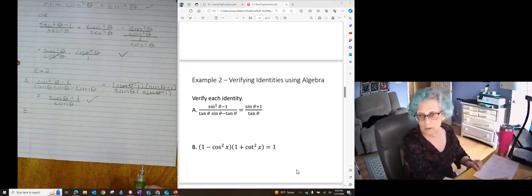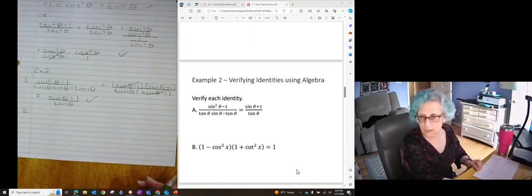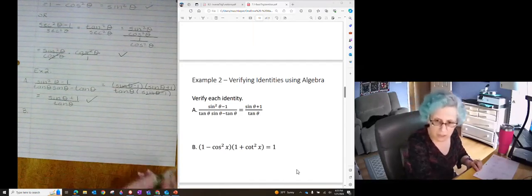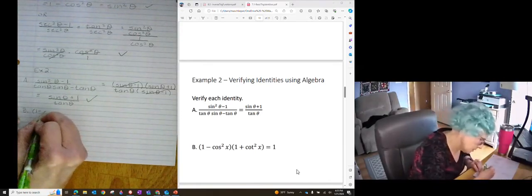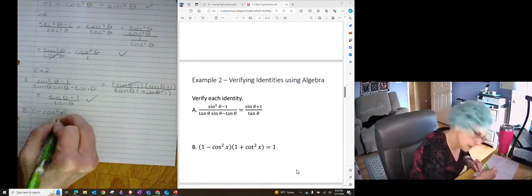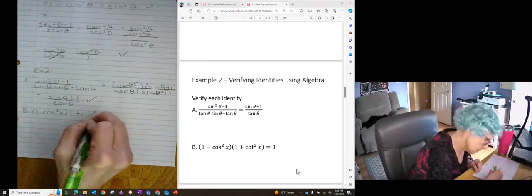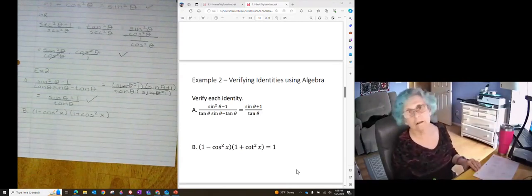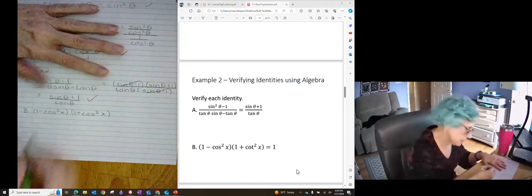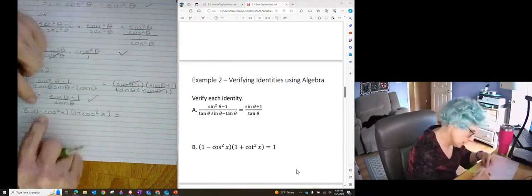Alrighty. Okay, definitely going to start with the left-hand side. I have 1 minus cosine squared of x times 1 plus cotangent squared of x. So I'm going to FOIL, see what happens. I have 1 times 1 gives me 1.